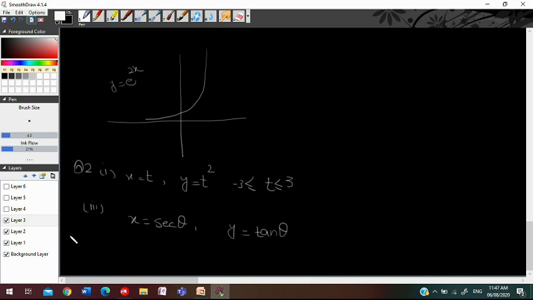Now x square minus y square is equal to secant square theta minus tan square theta, and x square minus y square is equal to 1. Why?